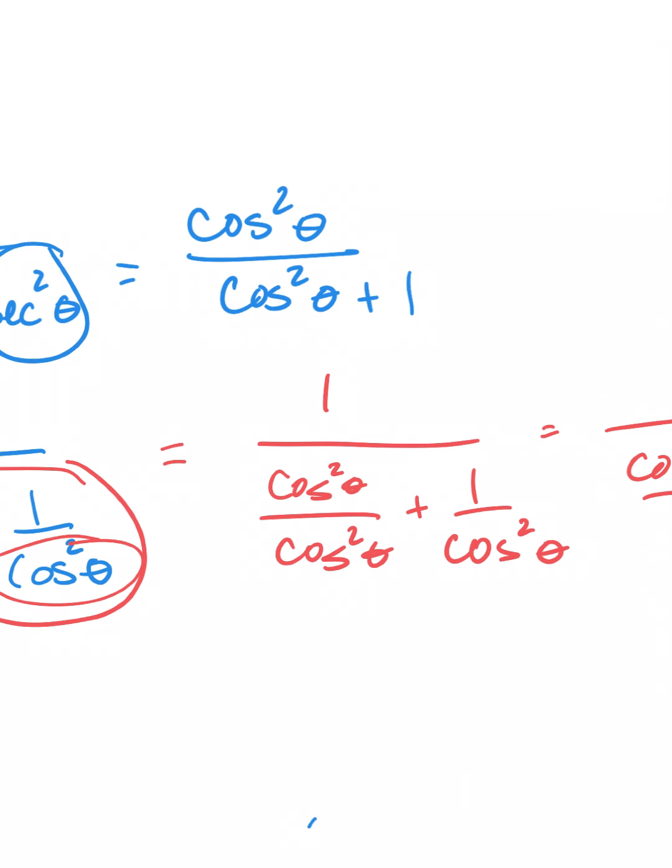Common denominator is cosine squared of theta, and the top is just cosine squared of theta plus 1. Now, when you see a 1 over any fraction, that is the same as the reciprocal of that fraction. So that's cosine squared of theta over cosine squared of theta plus 1.